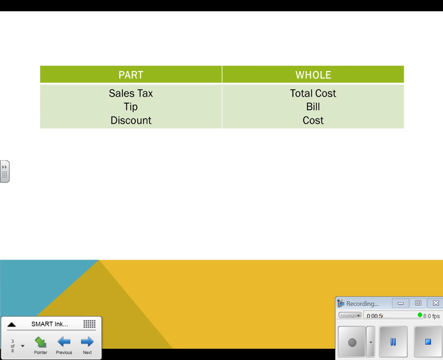Some examples of part to whole would be sales tax is part of a whole total cost. Another example, tip. When you tip a waiter or waitress, the tip is part of the whole bill. Discount, if you find something on sale, that's part of a whole cost.